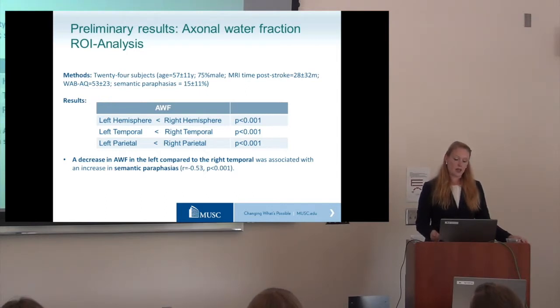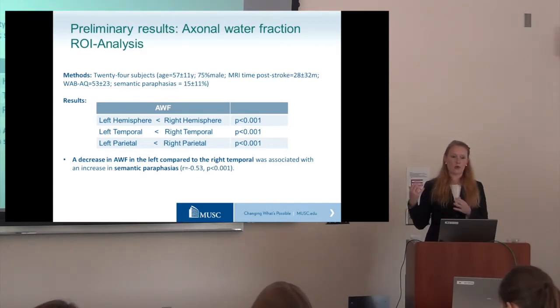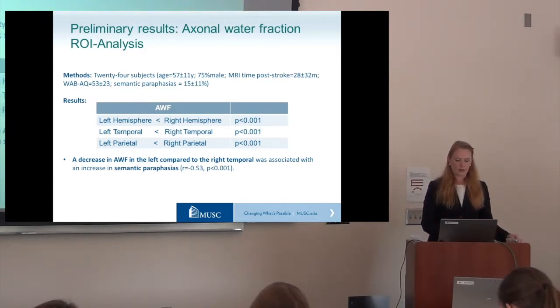In this case, we had 24 subjects with post-stroke chronic aphasia, 57 years old on average, 75% male. We looked at the axonal water fraction first, just the whole left hemisphere versus the whole right hemisphere. This is this first line.